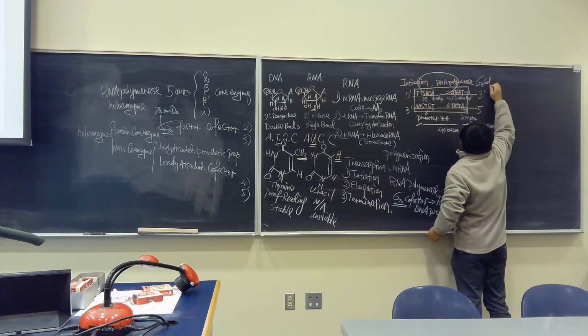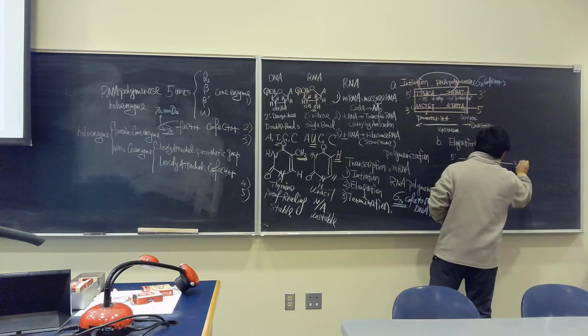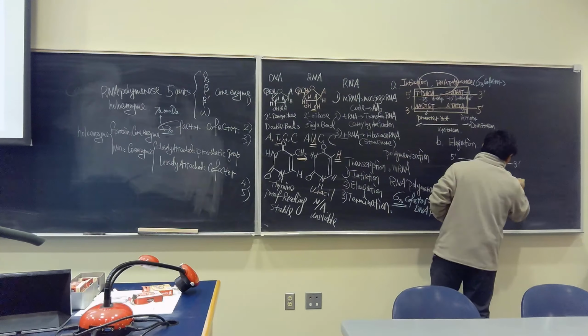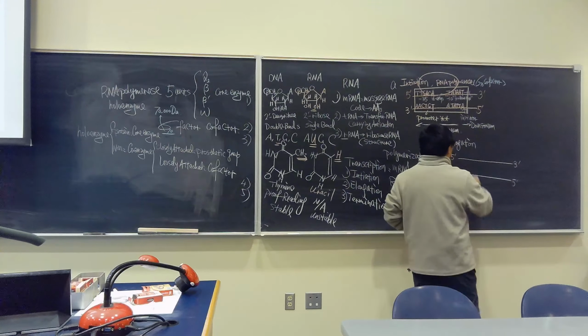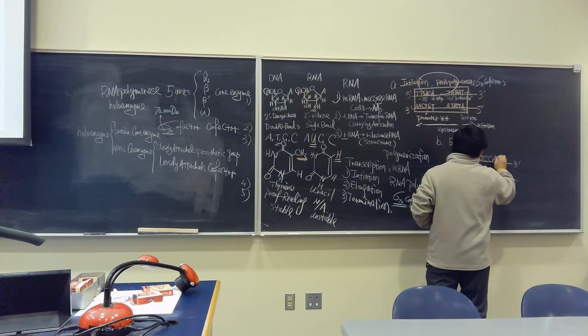Okay, now the elongation. What's going to happen in elongation? Elongation happens pretty easily, not difficult. This is a DNA, let's say, with 5' to 3' and 3' to 5'. I just write a couple here: ATGC, ATGC, ATGC.